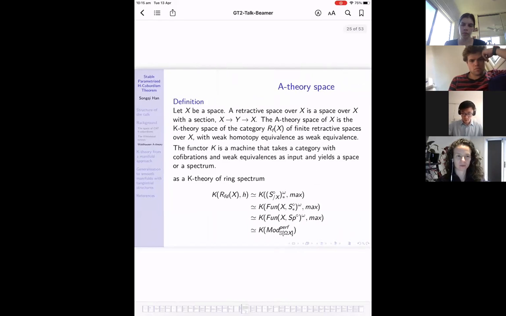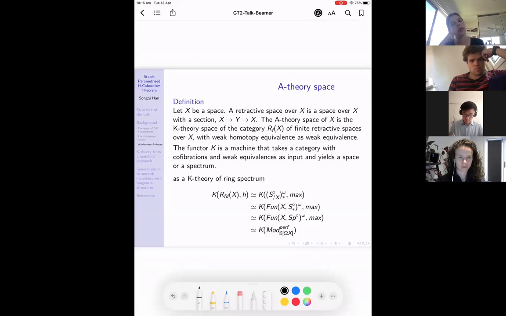On the other hand, the A-theory space can also be identified as the K-theory of a ring spectrum. We've seen that the A-theory space is the K-theory space of the category of retractive spaces over X. There's a variant definition of this which uses finite dominated retractive spaces instead. You shouldn't be worried about that.